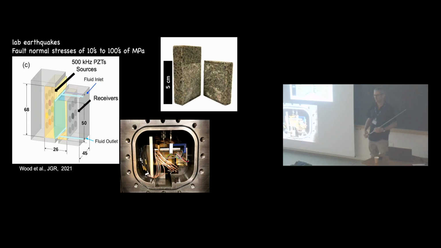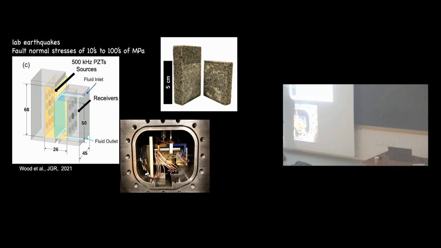Another configuration that I'll draw a few things from looks like this. This sits inside of a pressure vessel. It sits inside of a loading frame. And it is a configuration where you can take a couple pieces of, this is Westerly granite. You can see the way these surfaces fit together. And in fact, in this particular case, we broke the surfaces after cutting them into this configuration that fits into these loading platens.